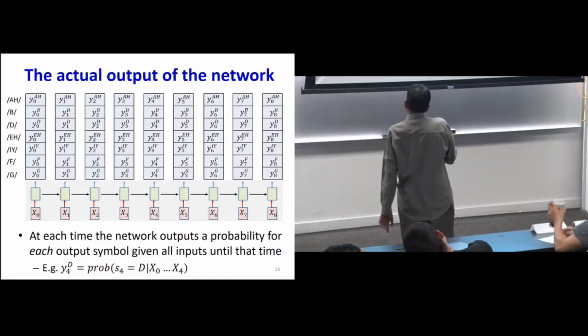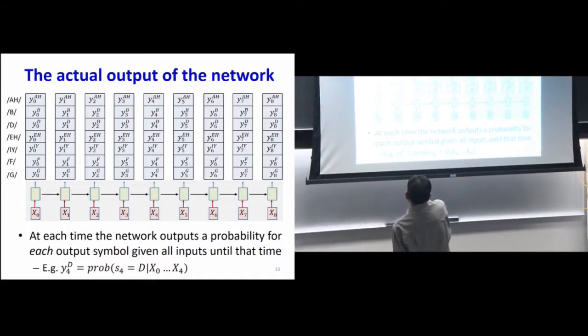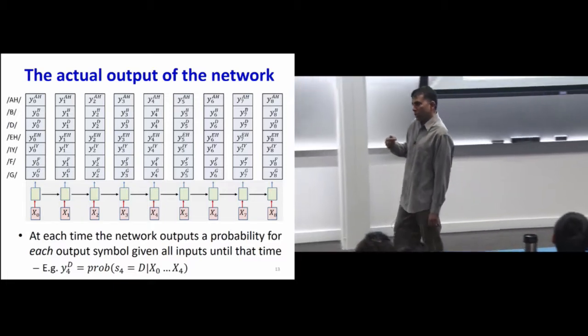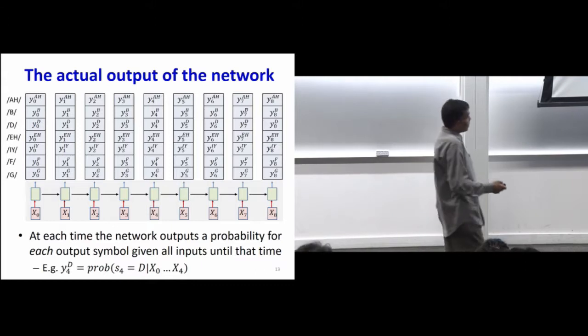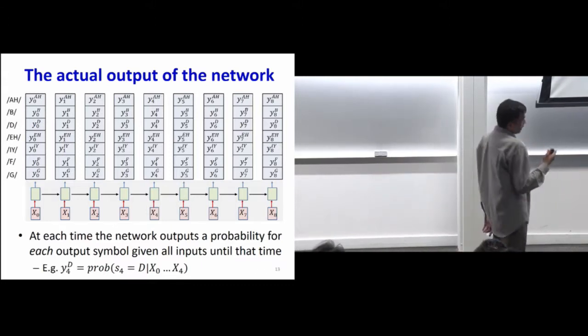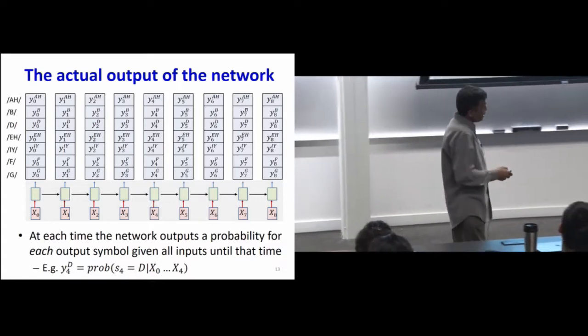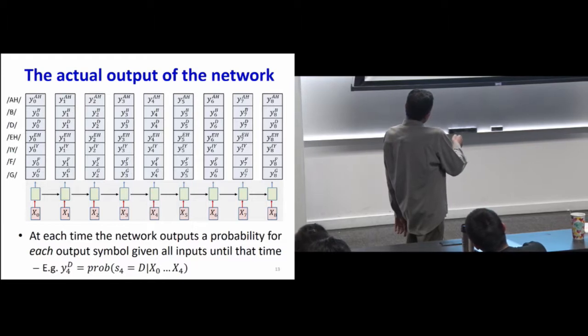So if this were a speech recognizer recognizing phonemes, these might be all the phonemes that could potentially be produced. Each of those corresponds to an output, and each of those outputs is giving you the probability of that symbol. But what probability is it actually giving you? It's giving you the probability of this symbol given all the inputs until that time.